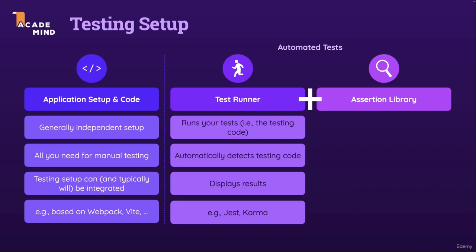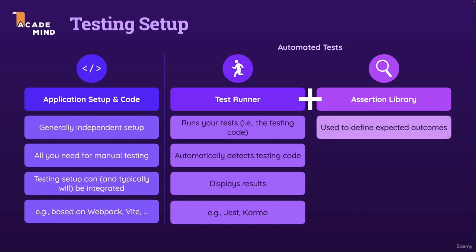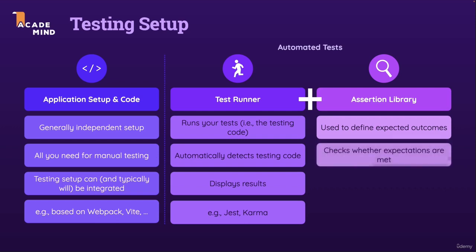Because with assertion libraries, you can define your expected outcomes, and the assertion library will then check if the code that's tested, if your testing code actually produces a result that matches those expectations. So whether your expectations are met.